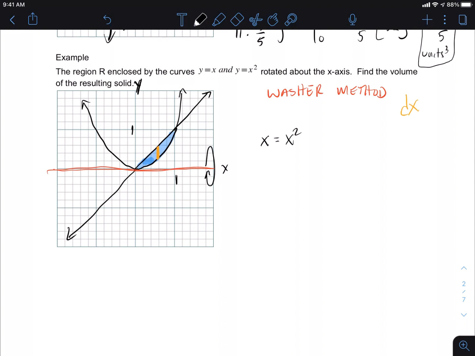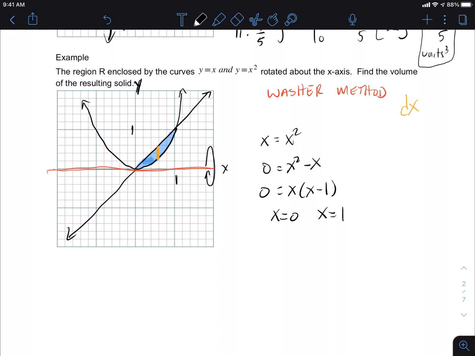So I'm going to move that over. I get 0 is equal to x squared minus x. Then I'm going to factor out an x. And so I see x is equal to 0 or x is equal to 1. Those are the bounds of this region. So I'm still going back to the stuff that we did in 6.1.